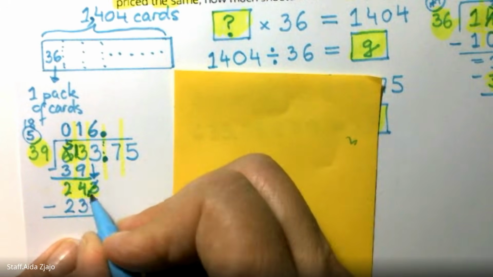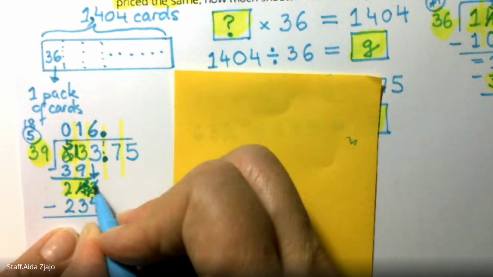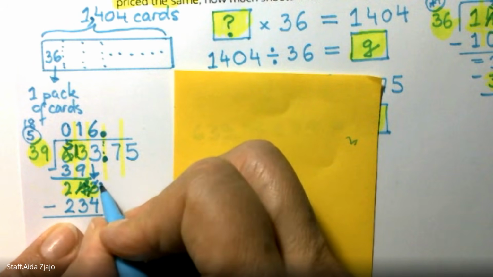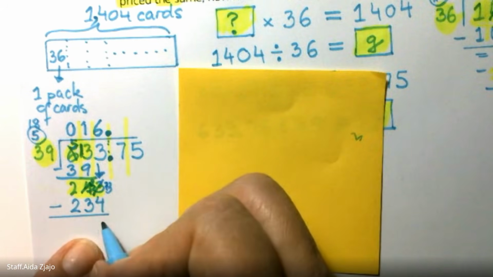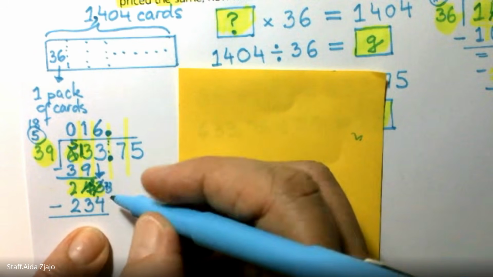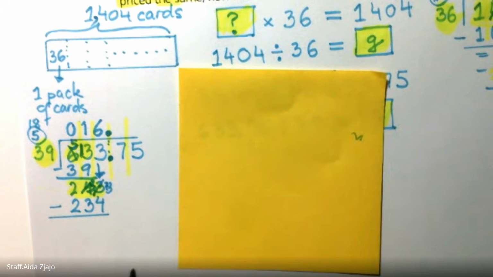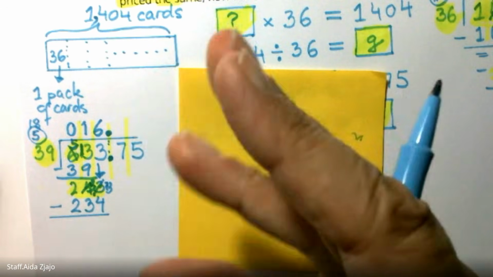So we can't do 3 minus, we have to regroup and make that 13. 13 minus 4. 4 and what makes 13? We can skip count from 4 to 13 if it's easier for you: 5, 6, 7, 8, 9, 10, 11, 12, 13.